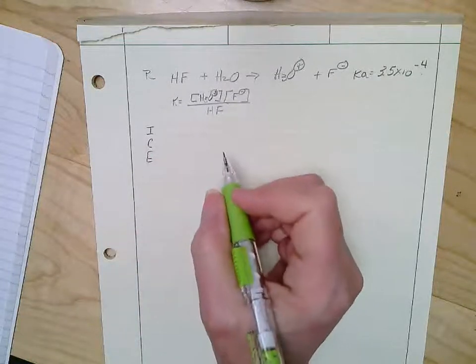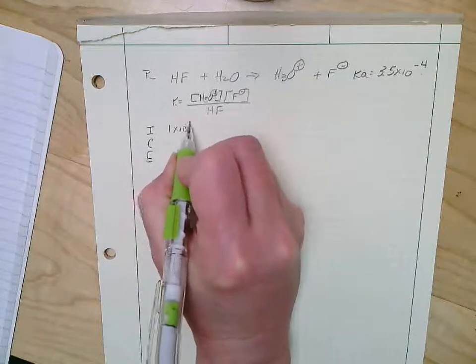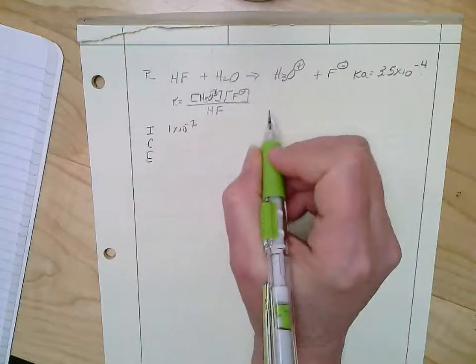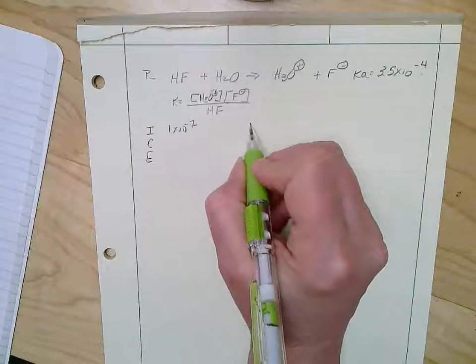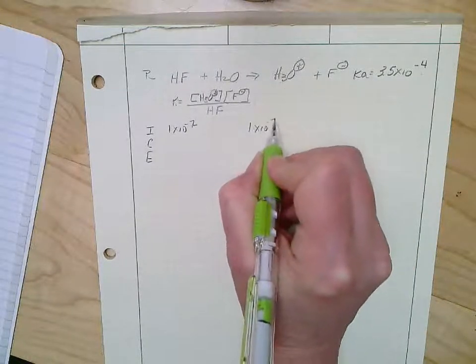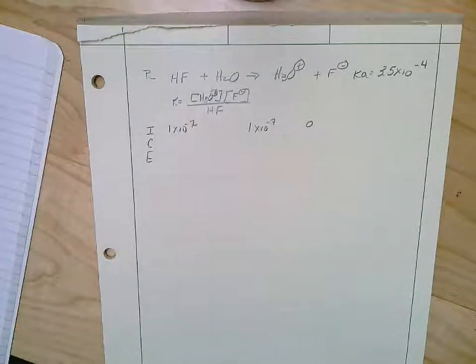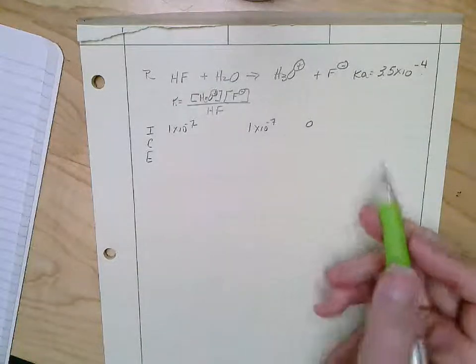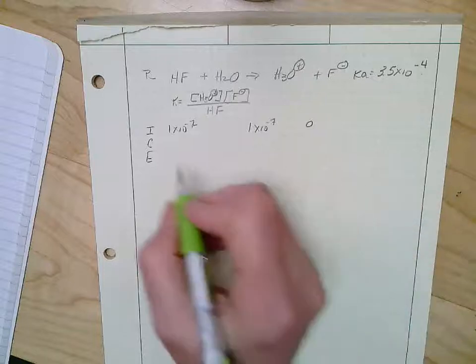And let's start with our weakest concentration of HF, which would be 1 times 10 to the negative 7th. This is going to be, because of the self-ionization of water, 1 times 10 to the negative 7th. This will be 0. So can we figure out which way this reaction has to shift? Well, of course we can, because if this is 0, we have to shift and make more products.